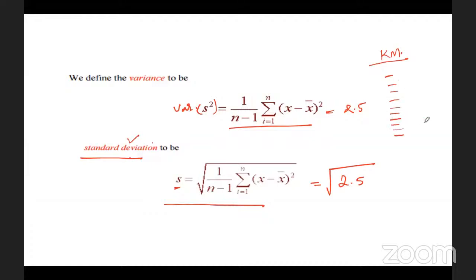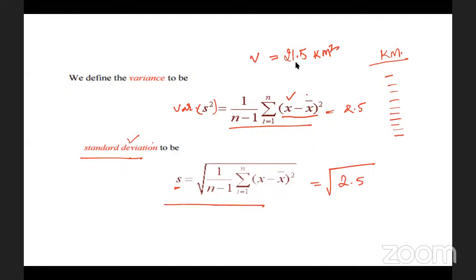If I find the variance for this kilometers data set, let's say I get 21.5. What are the units for the variance? Because this is s square, we are subtracting the mean from the quantity and then squaring it, so the units also become squared. The variance is 21.5 kilometer squares.